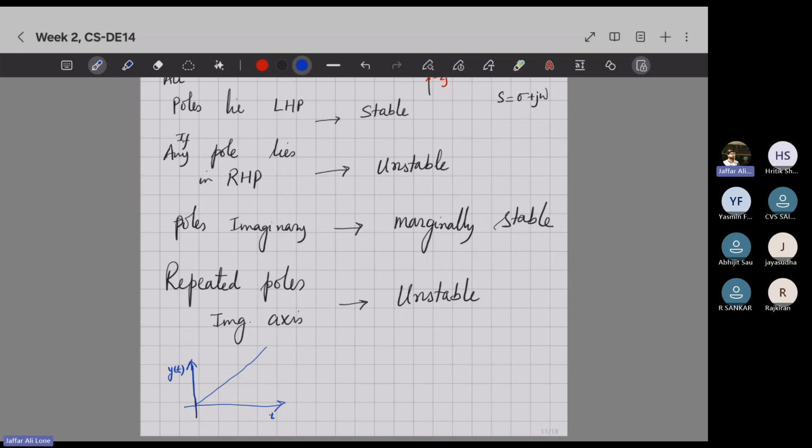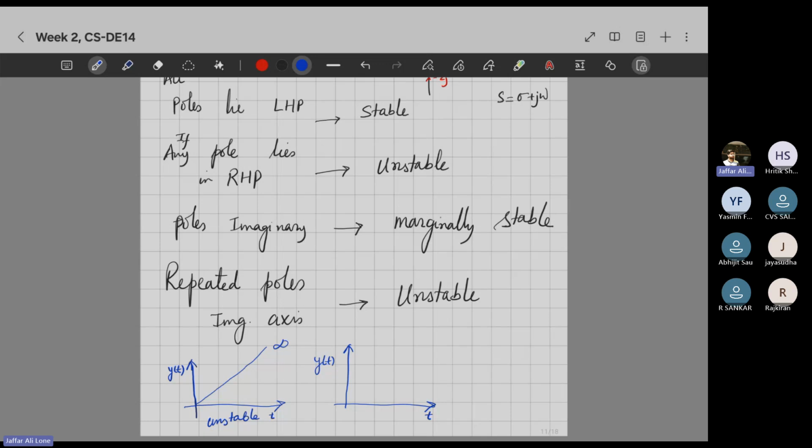So if my system is unstable, it means its response is going to infinity. You are giving some input, but if it is an unstable system, the response goes to infinity. But if it is a stable system, then the response settles down.